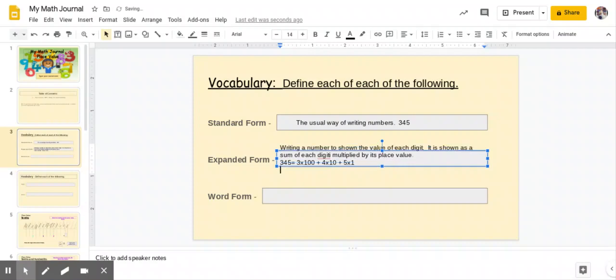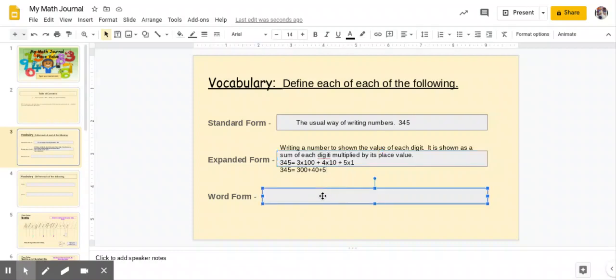Okay, most of you have probably seen this written out as 300 plus 40 plus 5. Both of those equal the same thing, but in the upper one, we are showing the place value as well. And word form is where we write the number as we would say it.